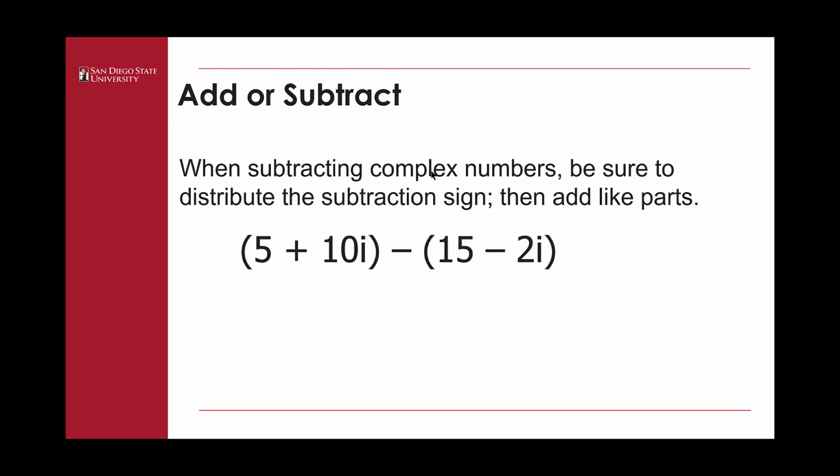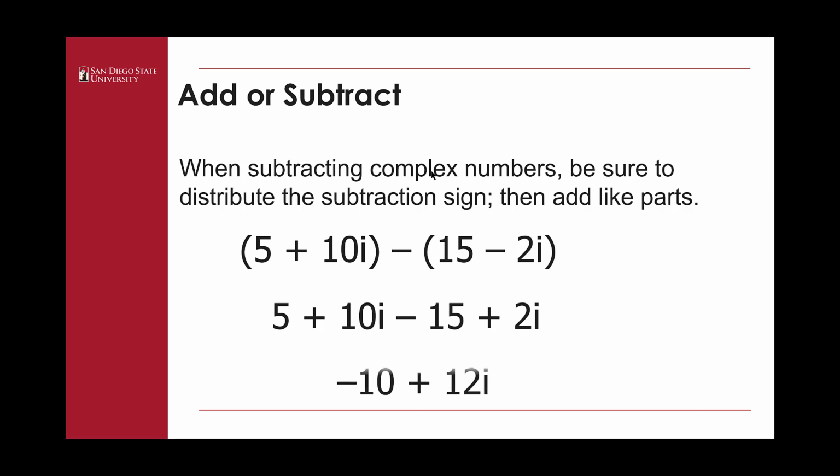So 5 plus 10i minus 15 minus 2i would be just 5 plus 10i with no change here, minus 15 plus 2i when we distribute the outer minus inside the parenthesis on the right hand. And if we make the addition here, we will get minus 10 plus 12i.